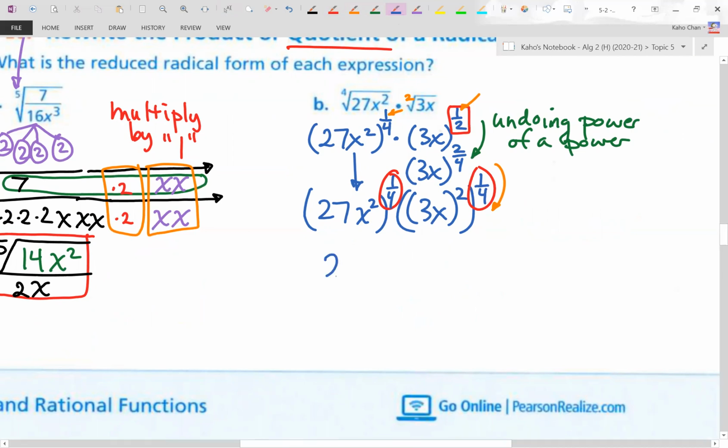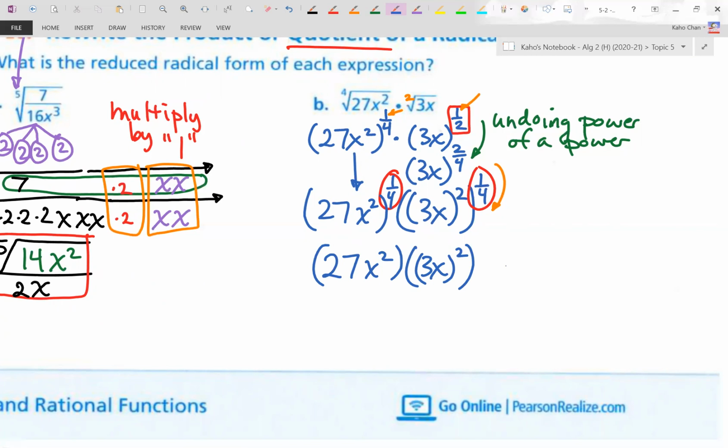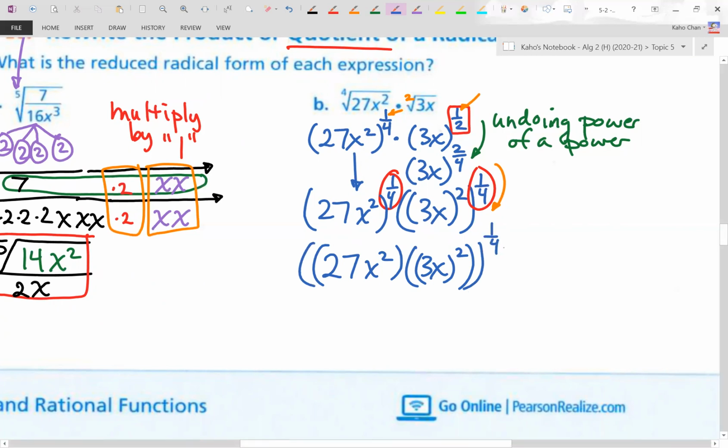So watch this. 27x squared and 3x squared, like that. There's a lot of parentheses here. Watch out, everybody. To the 1/4 power.